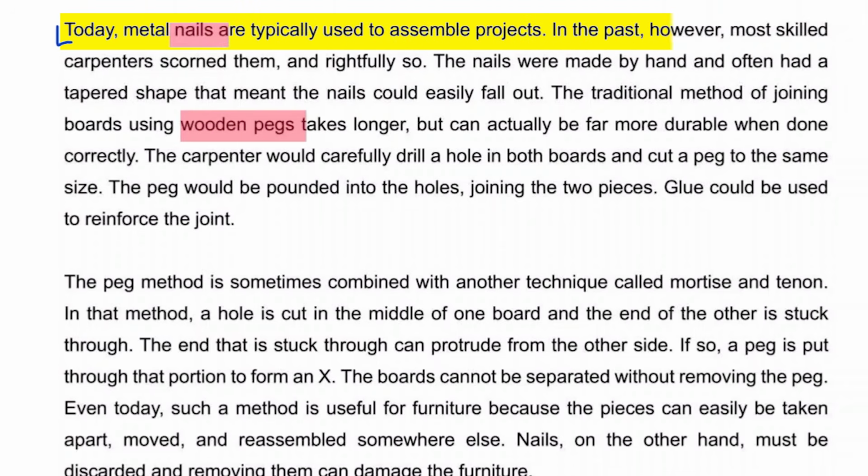In the past, however, most skilled carpenters scorned them, and rightfully so. The nails were made by hand and often had a tapered shape. That meant the nails could easily fall out. The traditional method of joining boards using wooden pegs takes longer, but can actually be far more durable when done correctly.